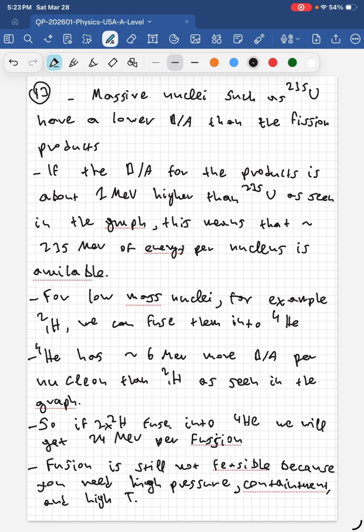There has been a lot of research. Tokamaks are one field of research in that direction, and also there are laser ignition facilities that try to create fusion, but still it's not commercially viable.